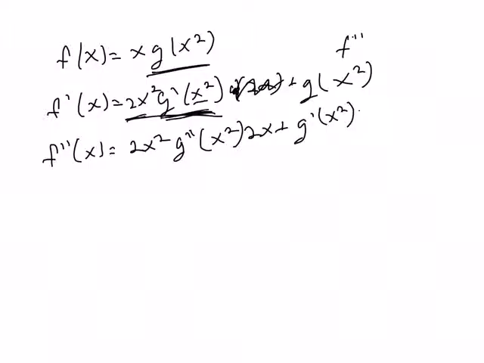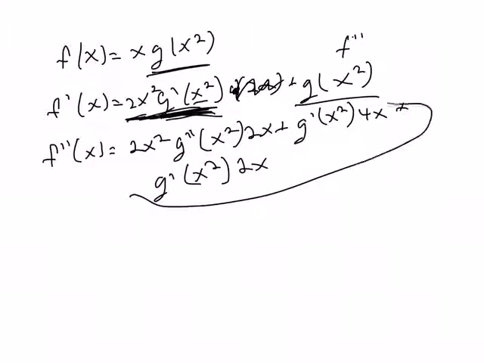The derivative of that is 4x, so that is the derivative of this, and then we have plus the derivative of that, which is g prime of x squared times 2x. Very nice. So that's the second derivative of f.